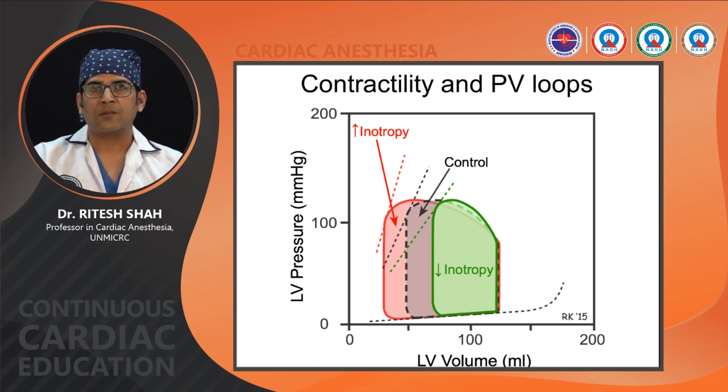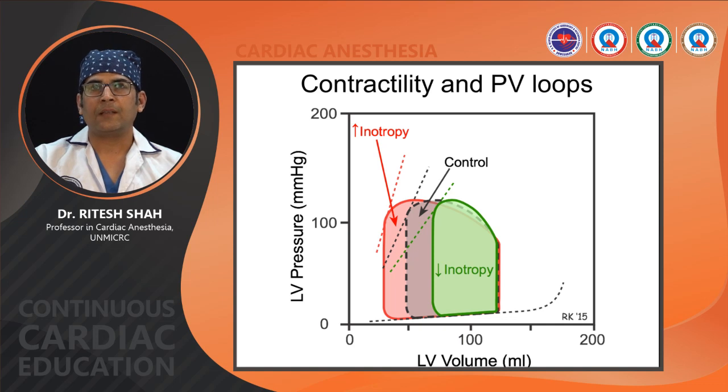The slope of the end systolic pressure volume relationship is increased and it shifts to the left side. When inotropy or contractility decreases, it shifts the end systolic pressure volume relationship to the right side and its slope is decreased, and because of that end systolic volume is increased, and therefore stroke volume is reduced.